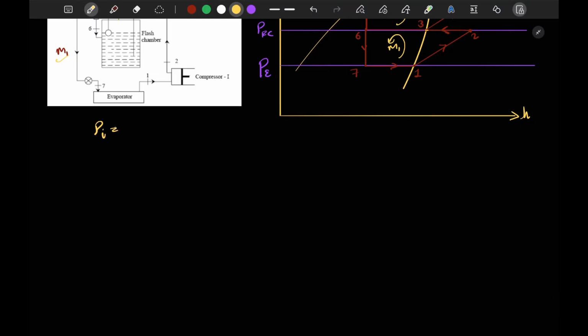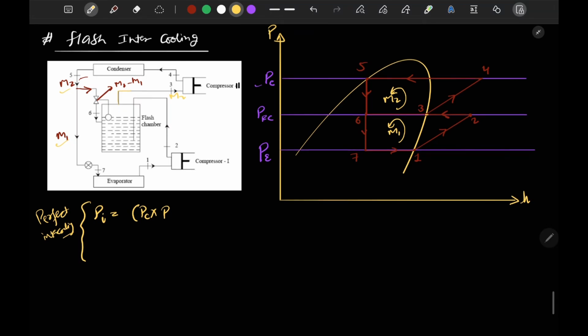Here if we talk about perfect intercooling, we get Pi is equal to Pc into Pe, power 1/2. And this flash chamber pressure is also known as Pi, intermediate pressure.